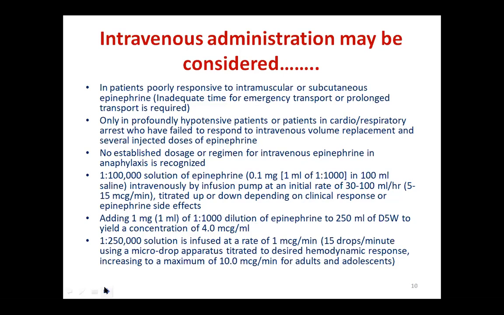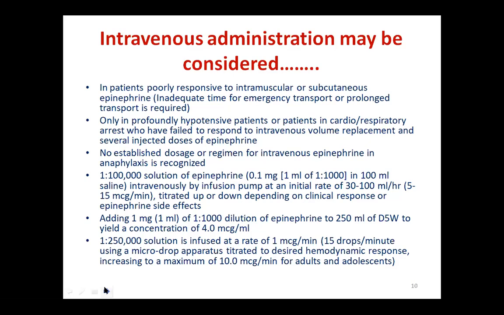This should be used in profoundly hypotensive patients or patients in cardiorespiratory arrest, who have failed to respond to intravenous volume replacement and several injected intramuscular doses of epinephrine. There we have no other option.